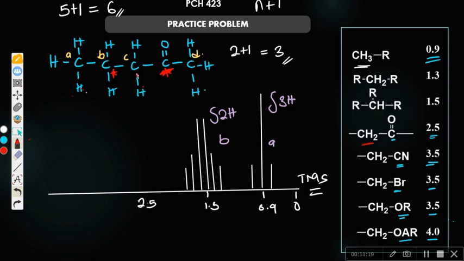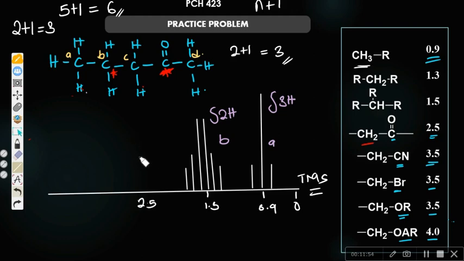Now, at this point in time, you are not going to think. This carbon here does not have any hydrogen, so it will not cause splitting. However, this carbon here has 2 hydrogens. And by the law, we said that whenever you have 2 hydrogens directly attached to the carbon you are considering, you add 1 to it, which is 3. So this is going to form a triplet. And by virtue of what we know, a triplet will be something like this.